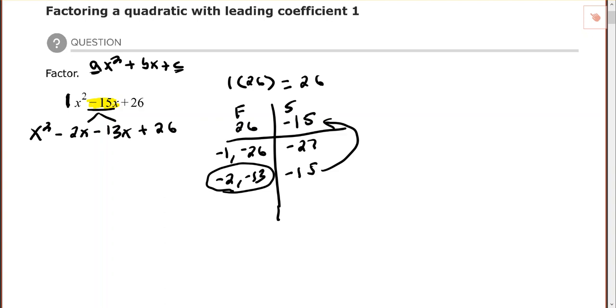Now what that does for us is it allows us to use the factoring by grouping method to find the factors for this trinomial. So make 2 groups.